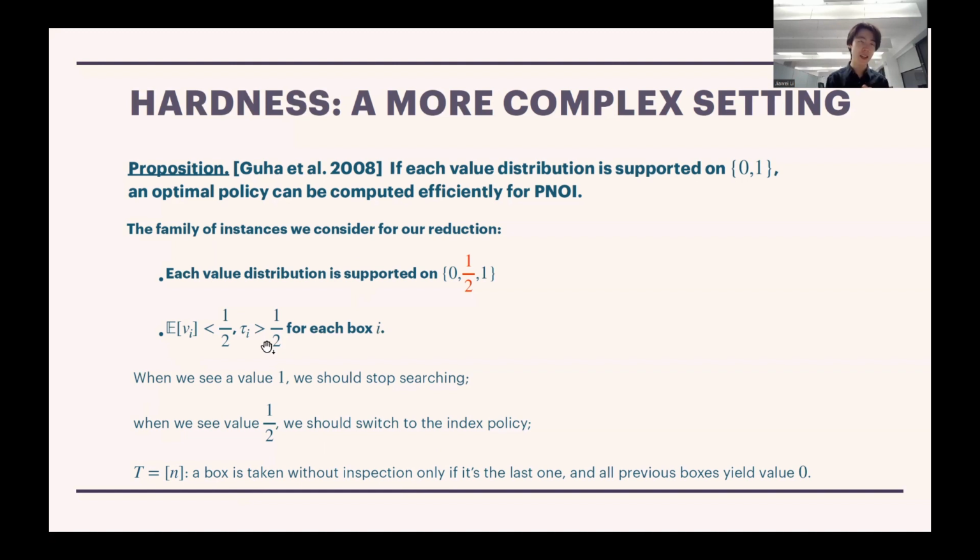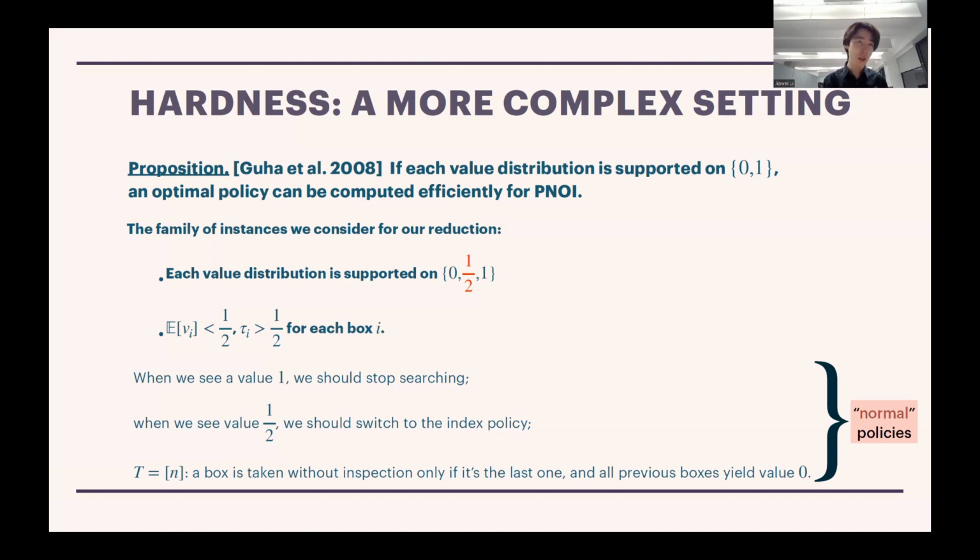In expectation, if I can still continue, then I should try more boxes. So intuitively, you will first try all the boxes except the last one. If in the end you have only one box remaining, then you will open it. So this is the structure of the optimal policy of this kind of instance.